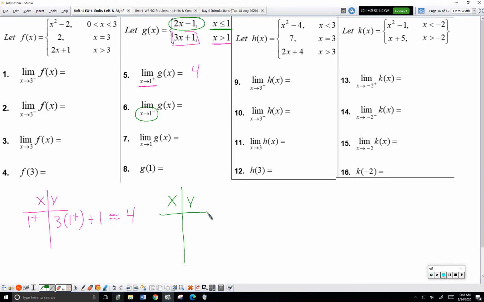So when x is slightly less than 1, I have 2 multiplied by that x, minus 1.